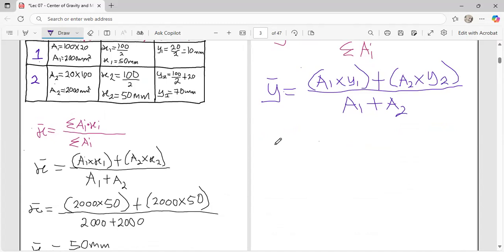So it's a matter of substitution. Just as we did for the first one, we will do the same thing for the second one too.